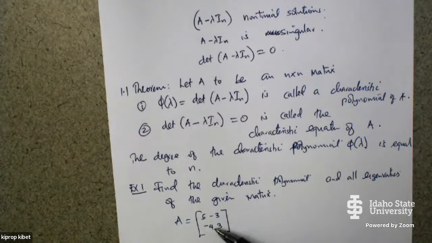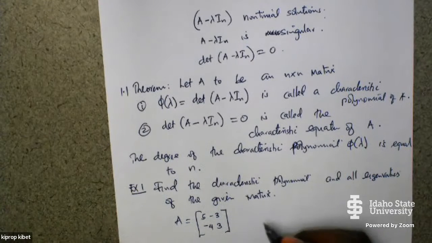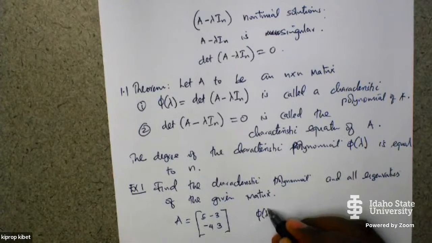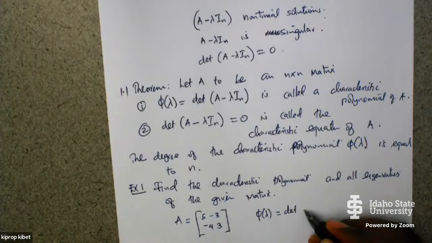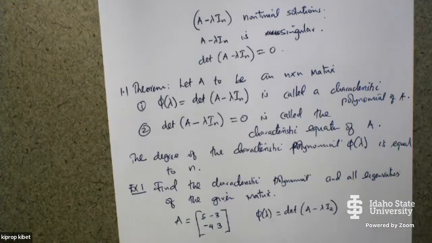Since this is 2 by 2, the degree of this characteristic polynomial will be 2. So first, we need phi of lambda, which is the determinant of A minus lambda I2.